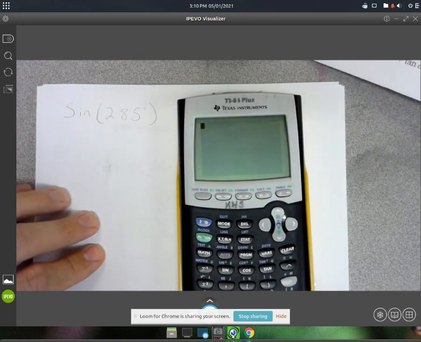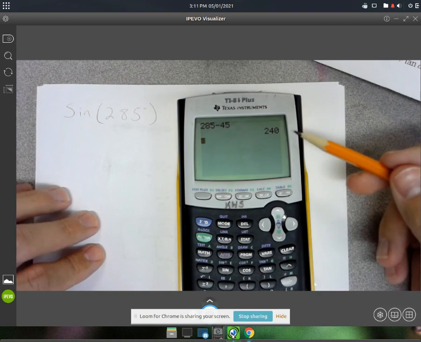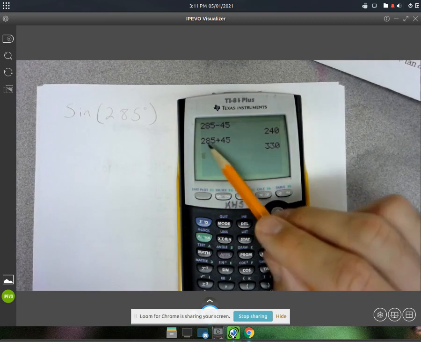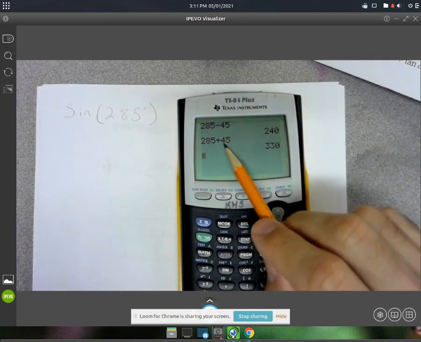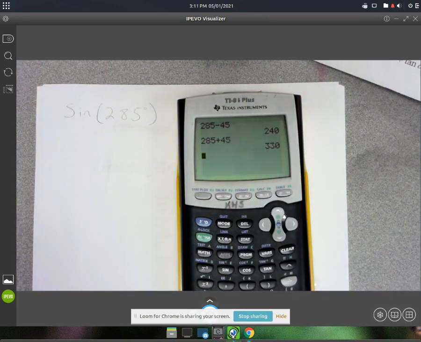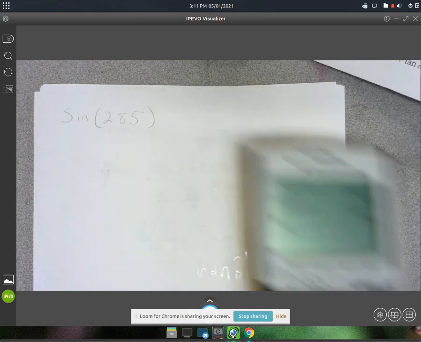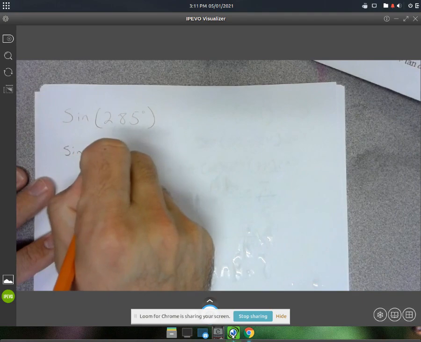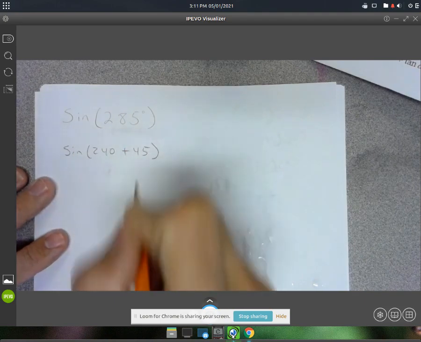If I take 285 minus 45, I get 240, which is one of my special angles. Or if I added 45 to it, I could use 330. So I could write the 285 as 330 minus 45, or as 240 plus 45. It's dealer's choice. It's up to you. I'm going to go ahead and say this is sine of 240 plus 45.